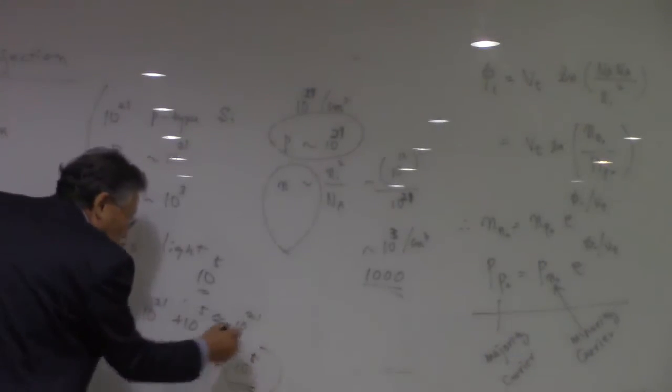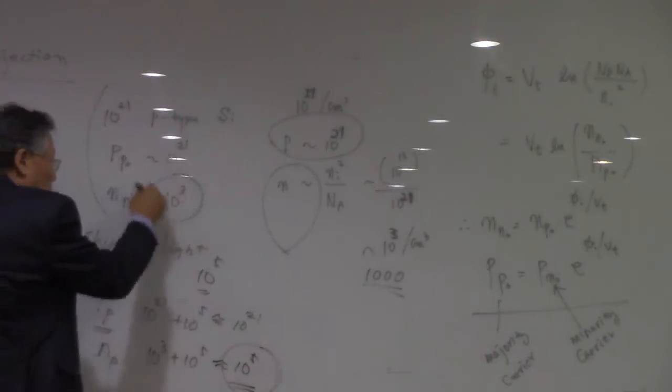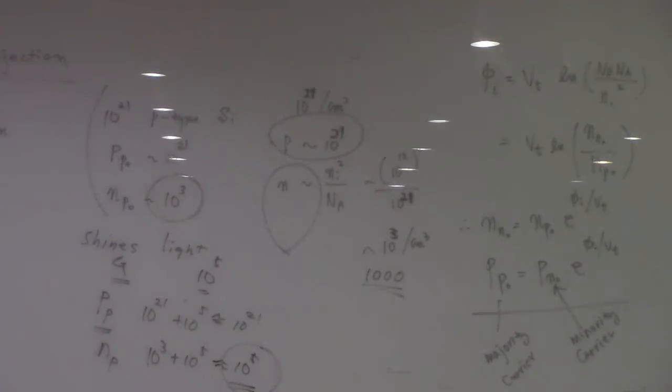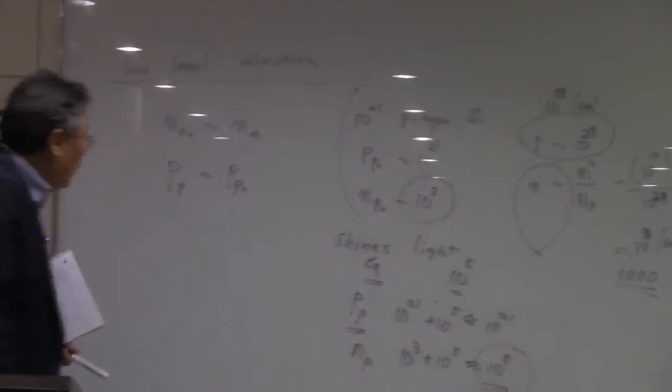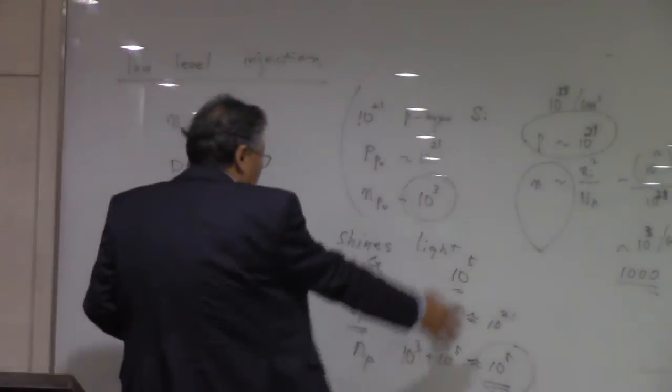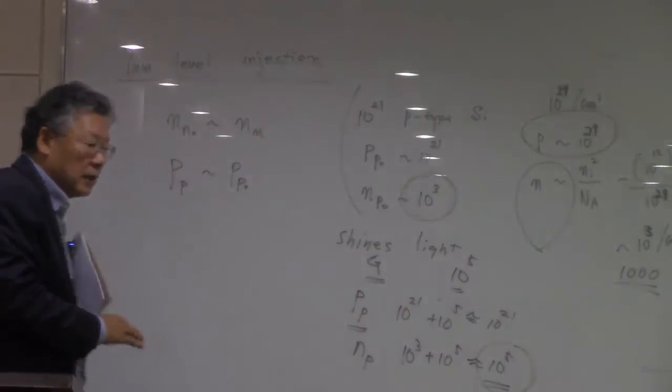And this 10 to the 5th is a big difference from the 10 to the 3rd. So if you make a device to sense the changes of the minority carriers in a semiconductor, that is going to be called a photosensor. The change in minority carriers is tremendous.